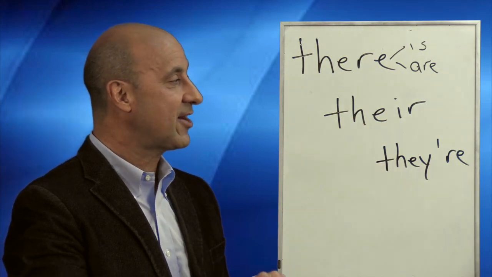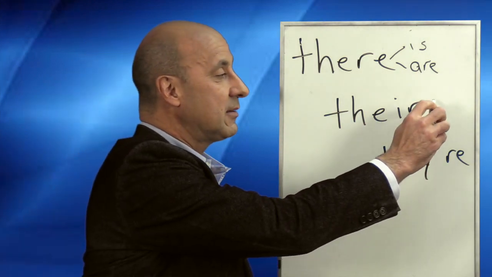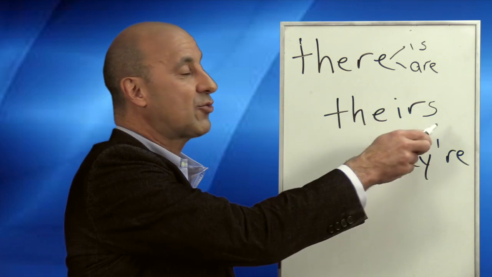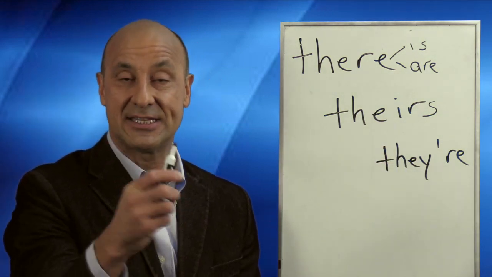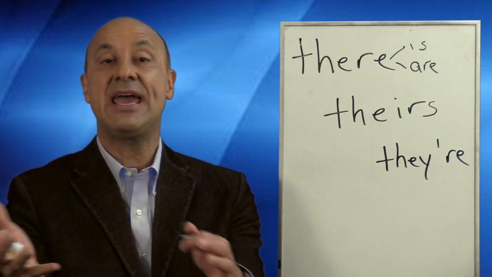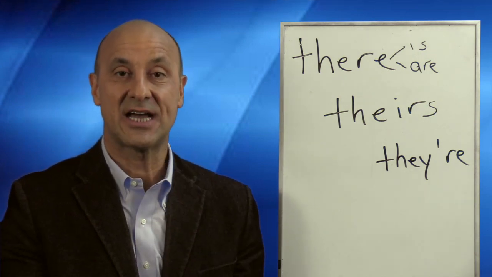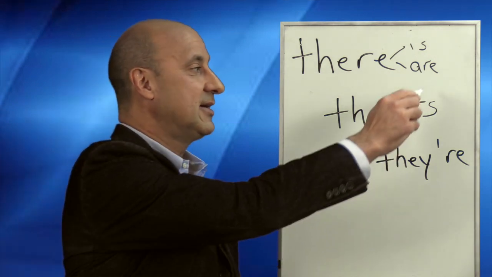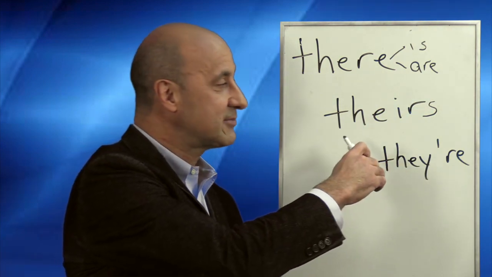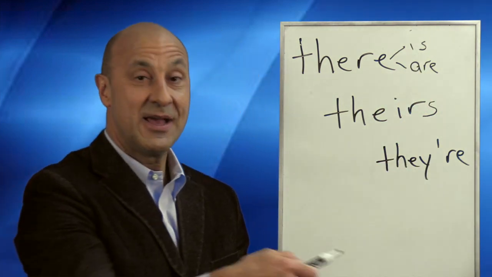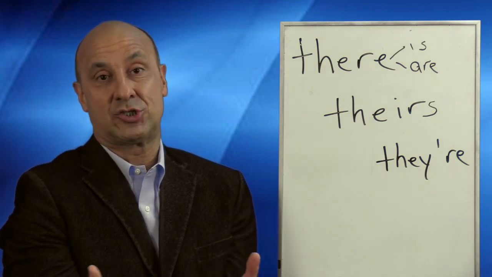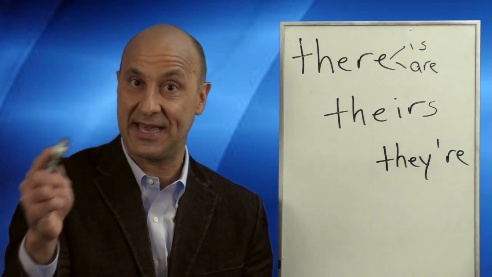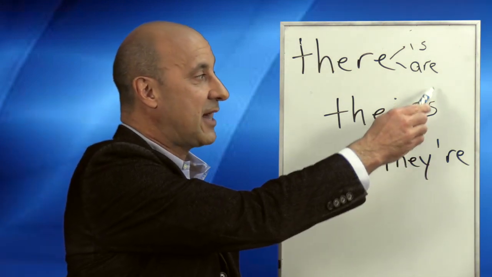For this, their, this can also be describing theirs. It could actually be the placeholder of it's their home, it's theirs. In this case, I want to make sure you don't add an apostrophe, because oftentimes I'll see people put an apostrophe there because they think, well, it's possessive, and so if I say it's John's home, I would put apostrophe S, and so they might want to put an apostrophe here.